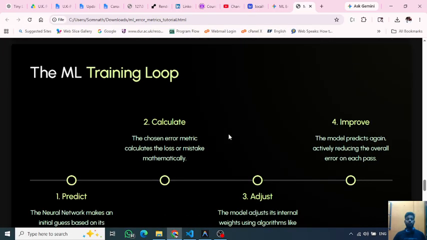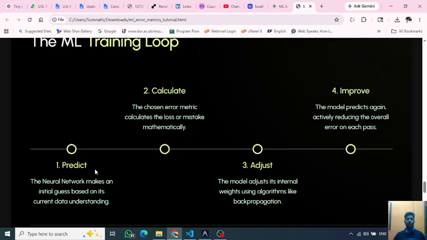So now I'm showing you the ML training loop, a simple training loop. The neural network makes an initial guess based on its current understanding of the data. So, predict. Then calculate: the chosen error metric calculates the loss, or mistake, mathematically.